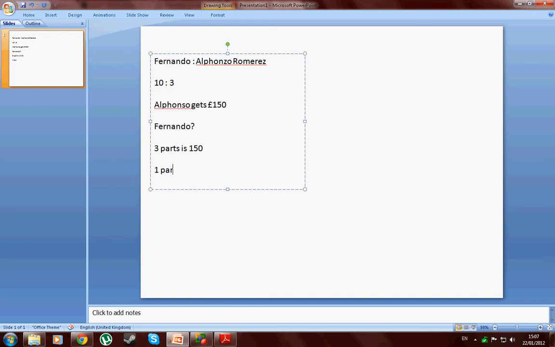So 1 part must be 50. That's just logic, right? If 3 parts is 150, 1 part has to be 50, okay? So if 1 part is 50 and Fernando gets 10 parts, do 10 times 50, which gives 500. So in that case, Fernando gets £500, whereas Alfonso only gets 150.